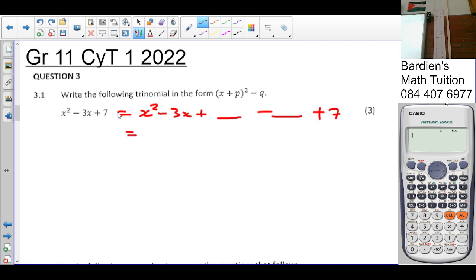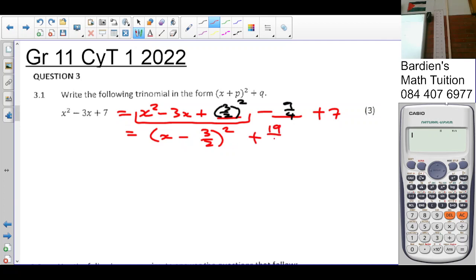It's 3 times half, which is 3 over 2, and it must be squared, which is 9 over 4. Perfect square trinomial. So it's going to be x minus 3 over 2 squared, minus 9 over 4, plus 7, which is 28 over 4. So negative 9 plus 28 gives positive 19 over 4. Is that correct? Yes. Okay, so that's your 3 marks here.